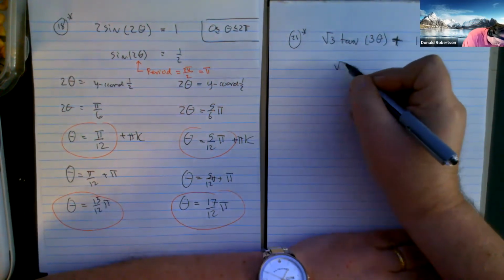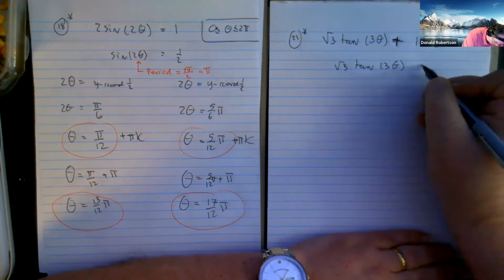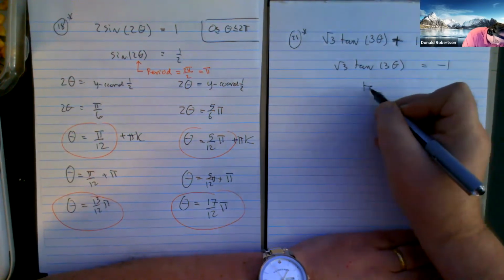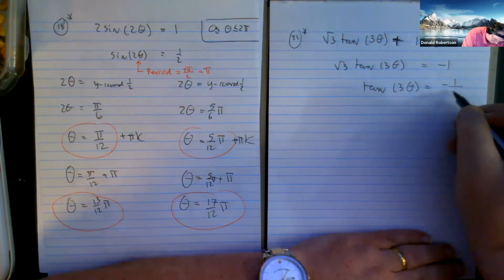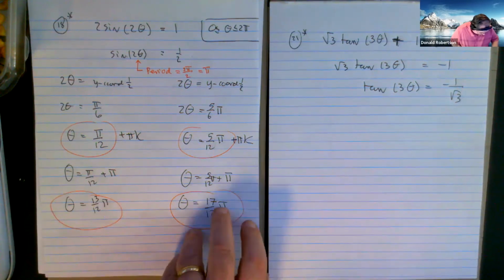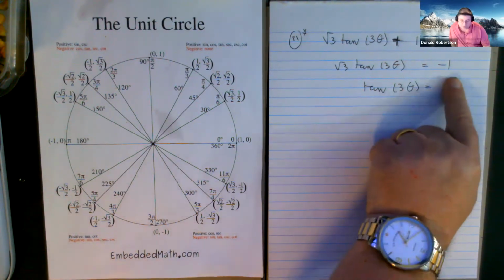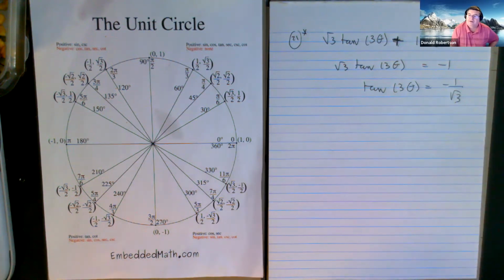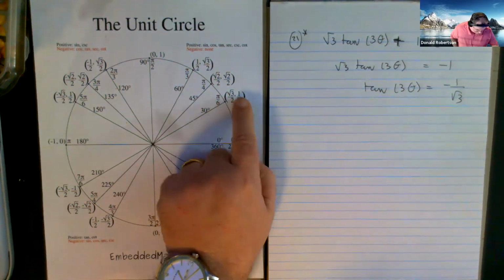So first thing I would do is subtract 1 from both sides. The unit circle is going to help me find an angle. That's the problem with tangents: sines and cosines are easy, it's one of these two.